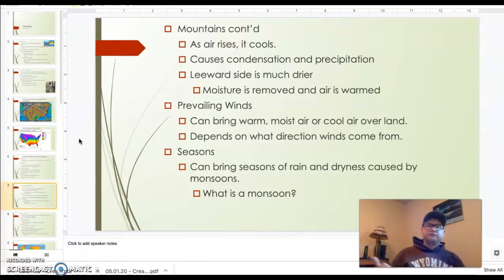But if you go farther east, like on the Great Plains, there's much less precipitation because it's already fallen in the mountains. So basically, where you are and where the winds come from can really affect your climate.